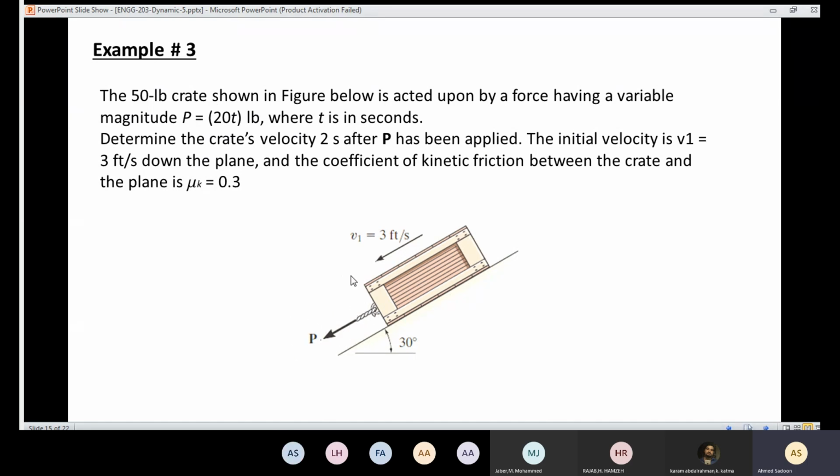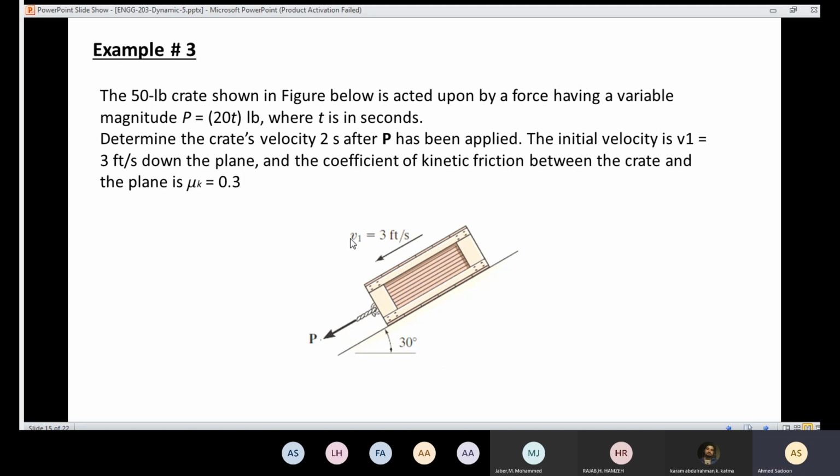So we have that box, and we need to know the final velocity after we apply a force equal to 20t during a time interval of 2 seconds. We have an initial velocity for the box. Initially the box was moving at 3 feet per second down the plane, so the direction of the velocity is just like that.